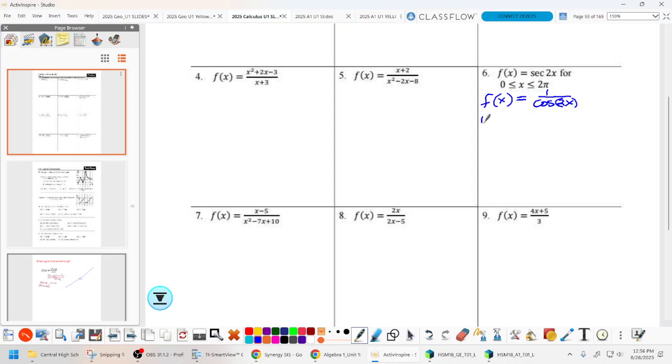We need to find where cosine 2x equals 0: pi over 2, 3 pi over 2. Now that takes us around the circle once, but because of the 2, we have to keep checking.